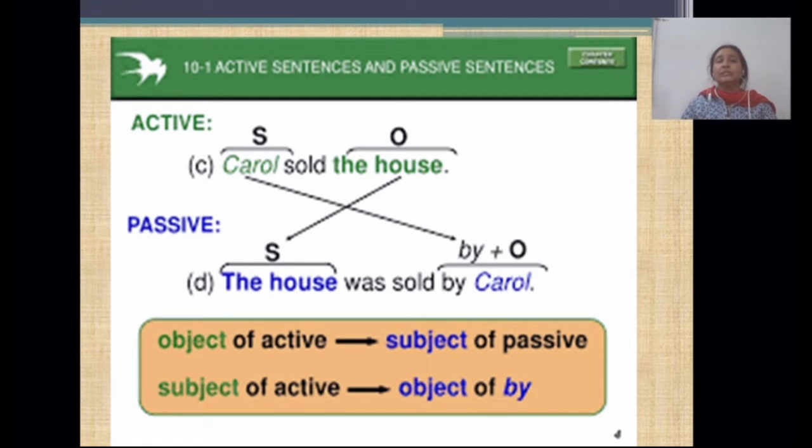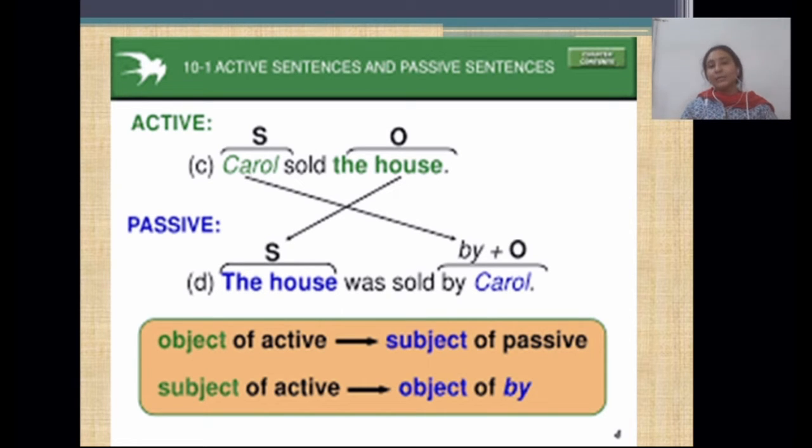Moving on. Now we have to change the active to the passive. So we'll understand a simple structure: the subject in the active becomes the object of the passive. As we have seen in the three examples, here the subject is Carol. Carol sold the house. Who is the doer?